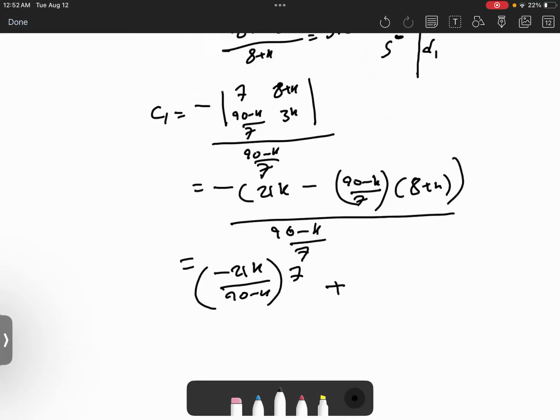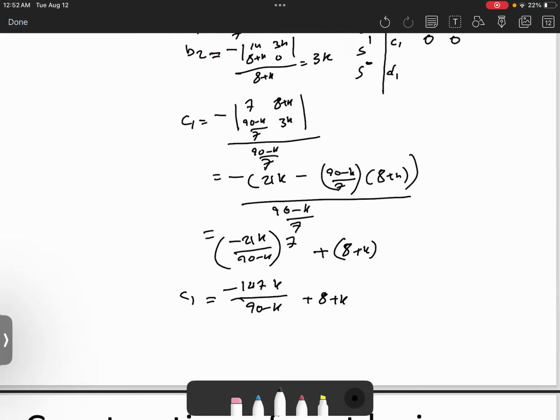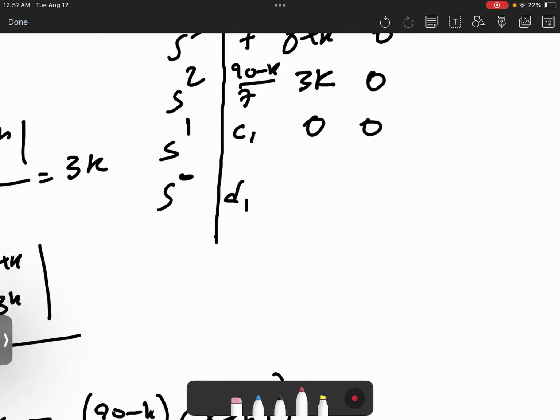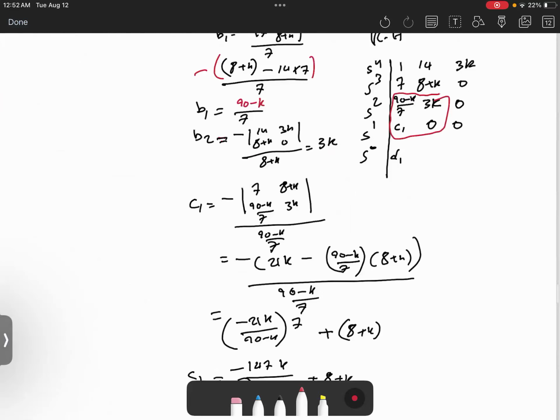Then let's simplify it more by saying 7 times 21, which is 147, negative 147k divided by 90 minus k plus 8 plus k. This is the value of C1. How about calculating D1? In order to calculate D1, look at this diagonal element divided by C1. So basically, we would realize that D1 equals 3k, the net result.